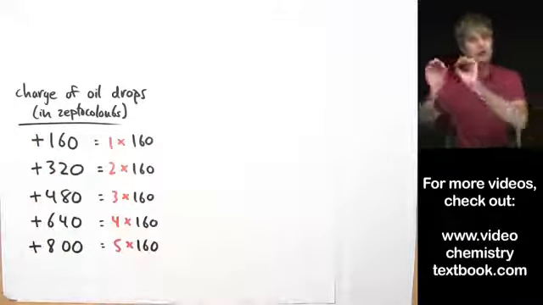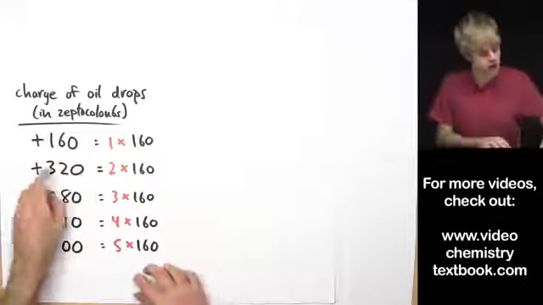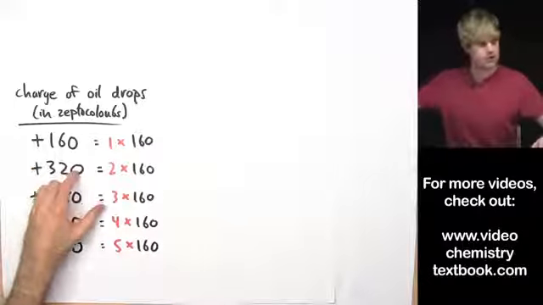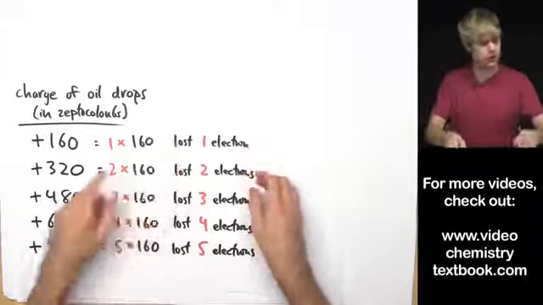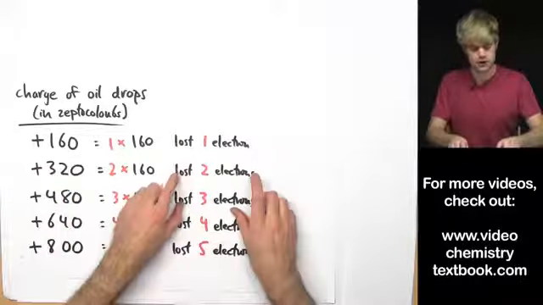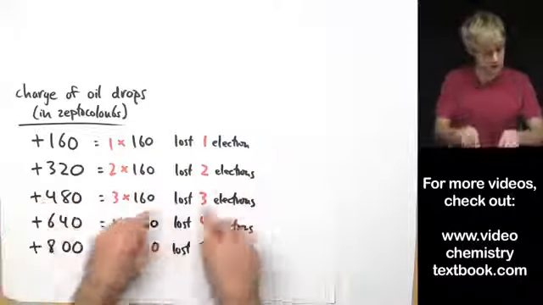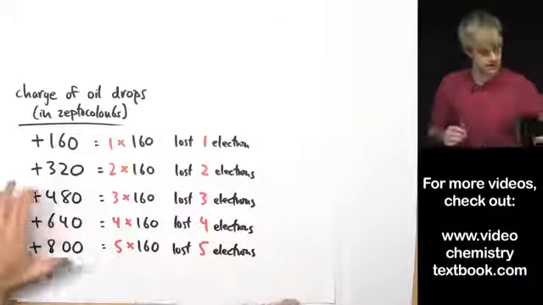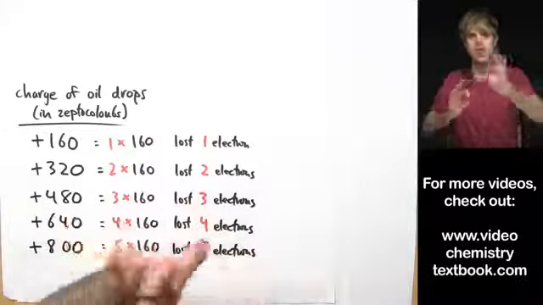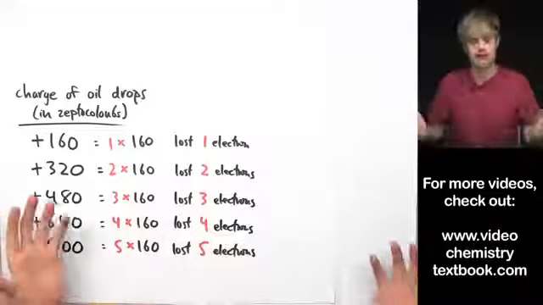If you lose 2 of them, you have a plus charge of 320. So the drop that has this charge lost 1 electron. The drop that has this charge lost 2. This one lost 3. This one lost 4. This one lost 5. That's where the positive charge is coming from, because the drops are losing different amounts of electrons.